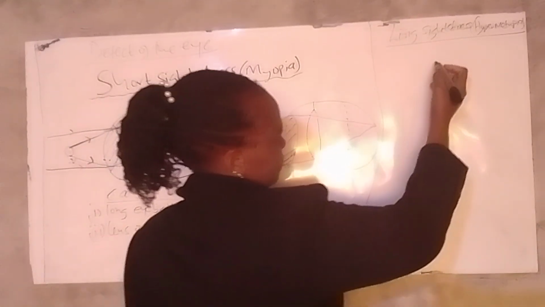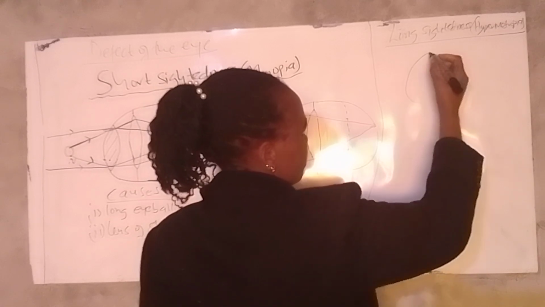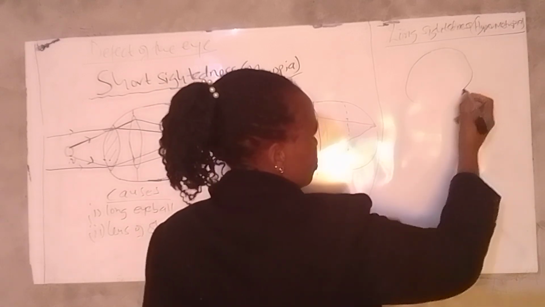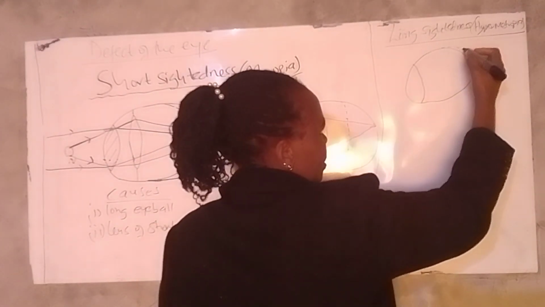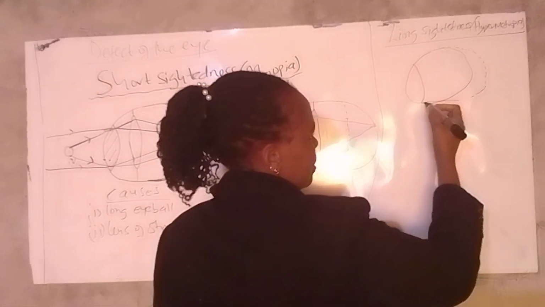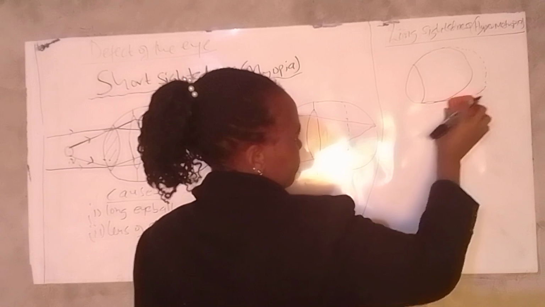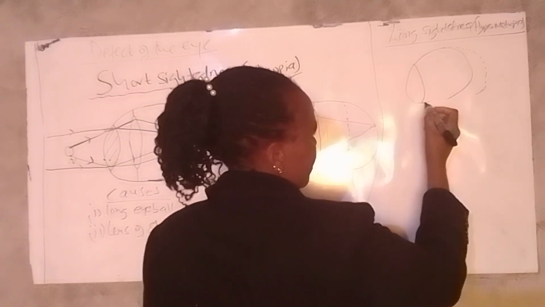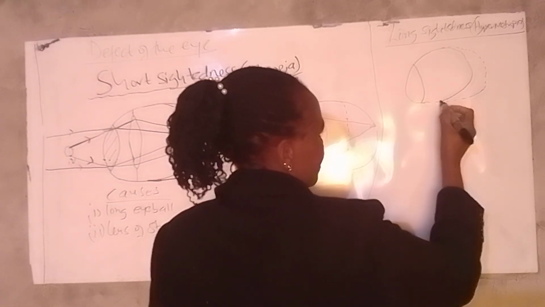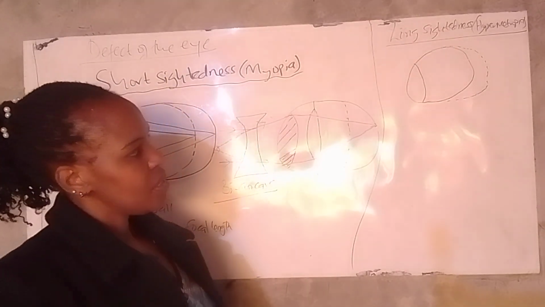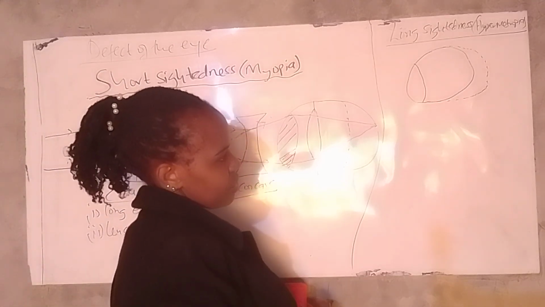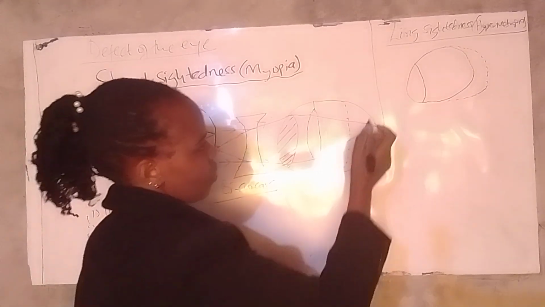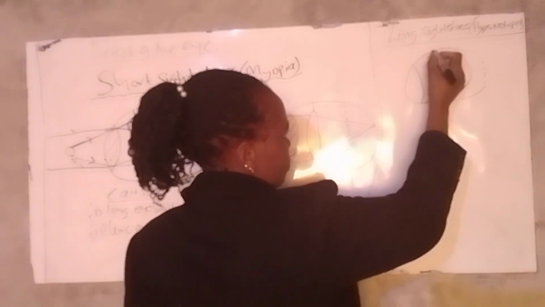So if we draw the eye, we draw a shorter eyeball. While for a person with no defect, it should be there. If this person did have a defect, probably their eyeball should be behind there. But for this person, it is shorter. So what happens is this person is able to focus those objects that are coming from far. Oh, forgot to draw a lens.